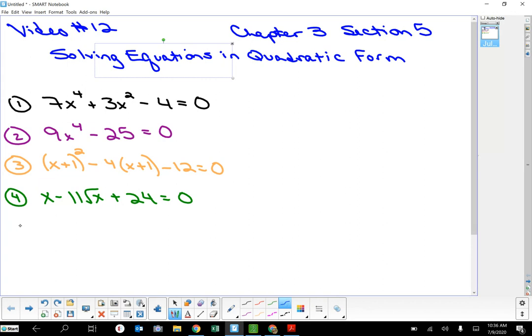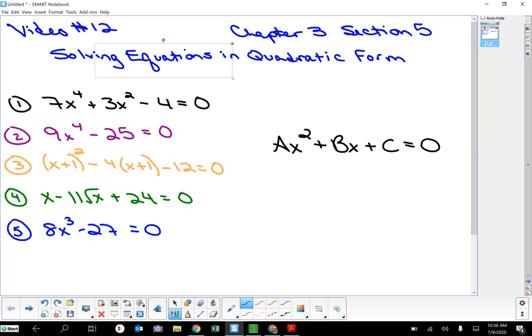And the last one, I think, looks like 8x cubed minus 27 equals 0. So none of these are exactly in the form ax squared plus bx plus c equals 0.